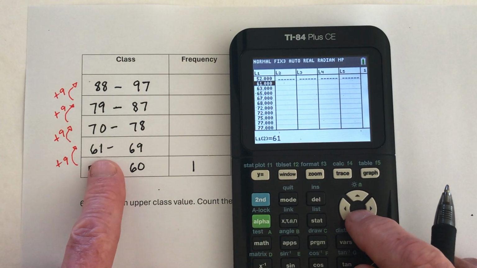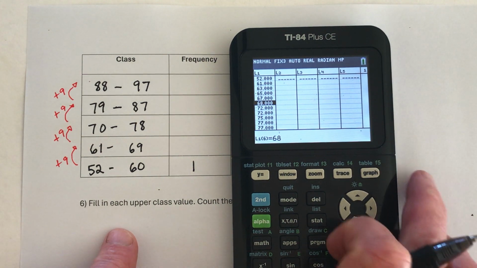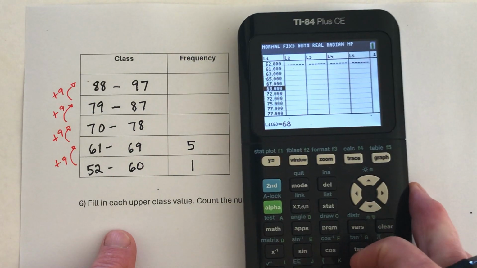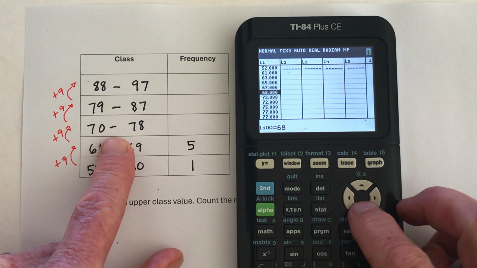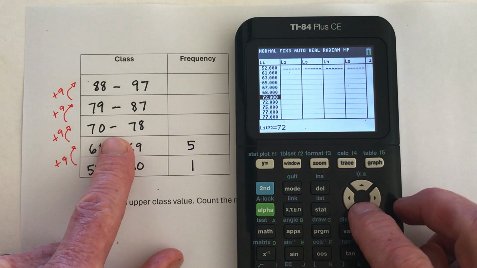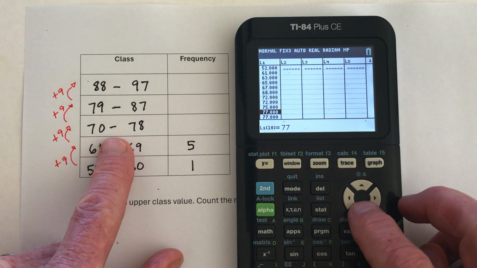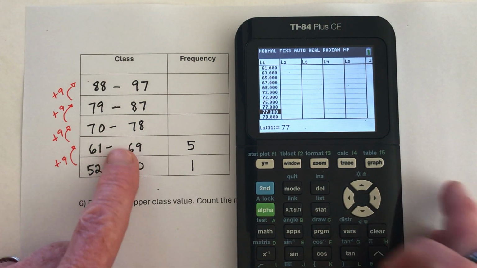And now count from 61 to 69. So that's basically going to be 1, 2, 3, 4, 5 people. All right, next count how many people got from 70 to 78. So starting with the 72, that's 1, 2, 3, 4, 5, 6, oops, not the 79, so not the 6.